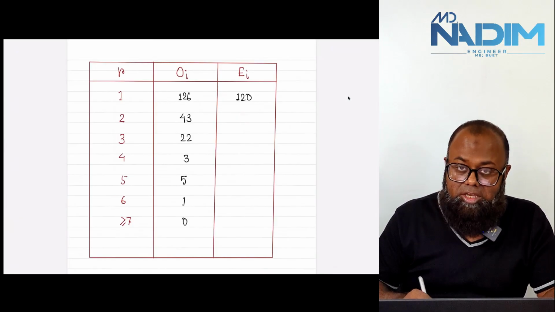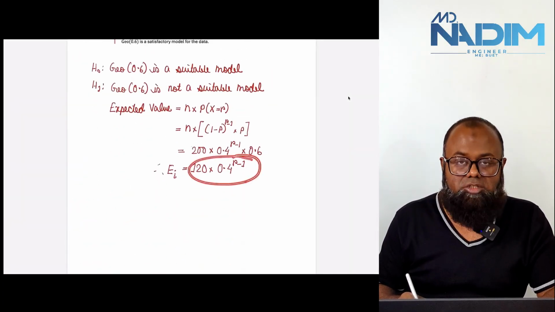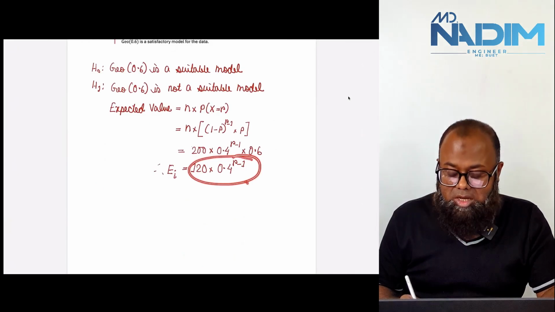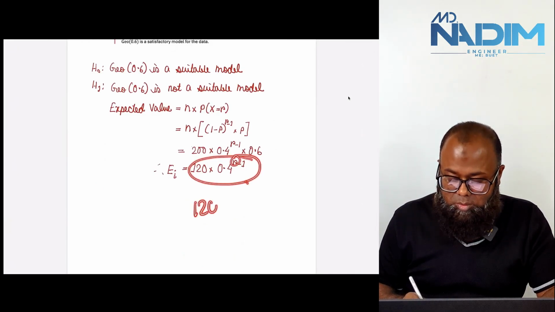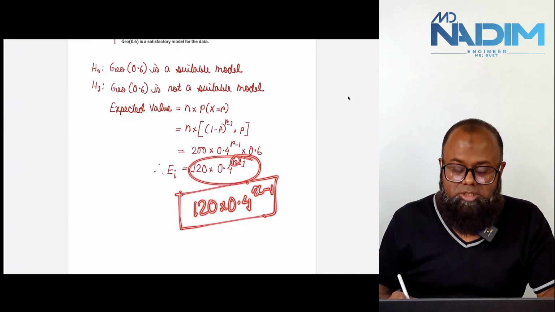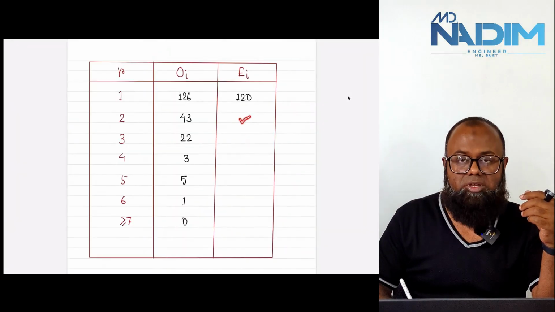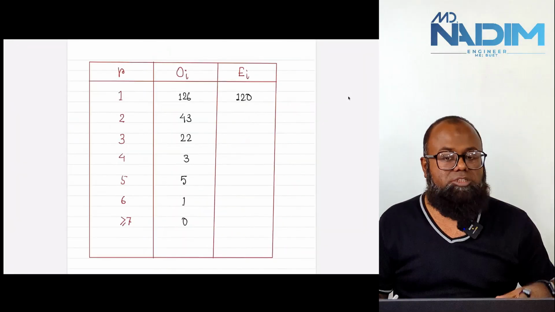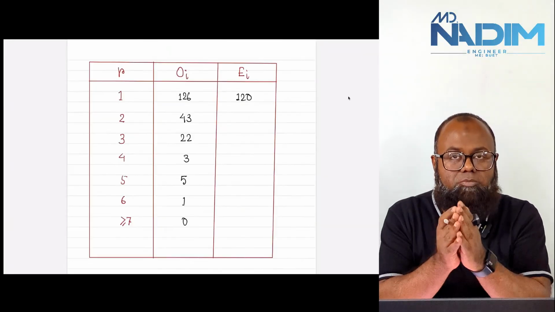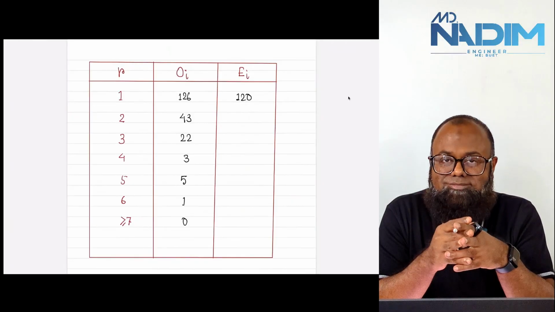So again, I'm telling you to write down this in your calculator with r as x, like this: 120 into 0.4 to the power x minus 1. Write down this in your calculator, then calc 1, calc 2, calc 3, you will get the expected values here. So complete the table, guys. Pause the video for a few seconds and then complete the table.